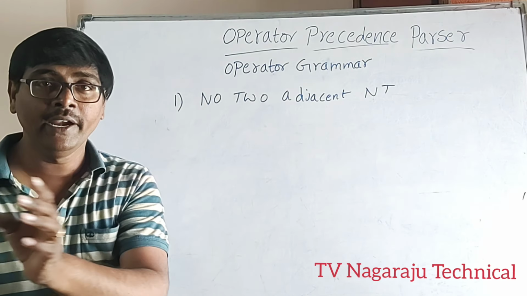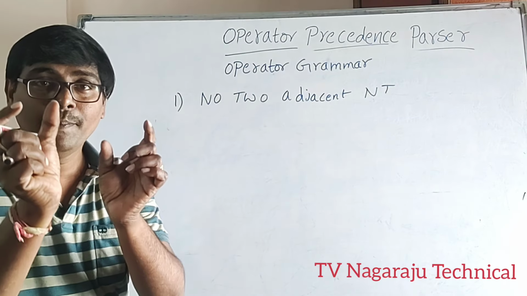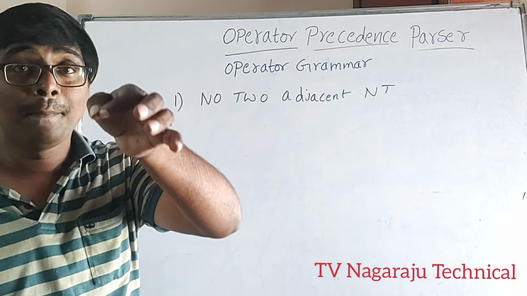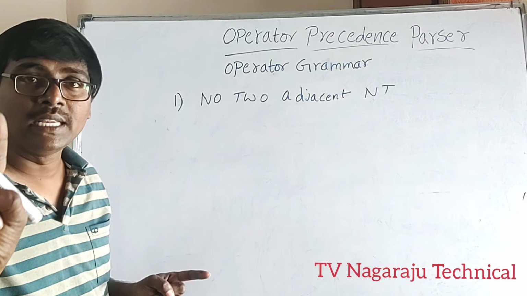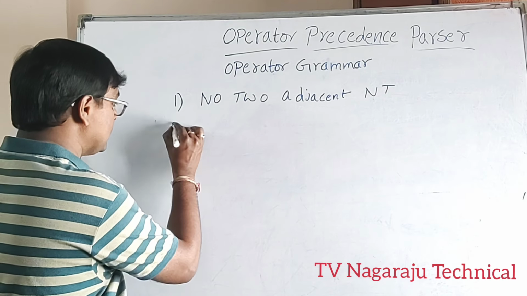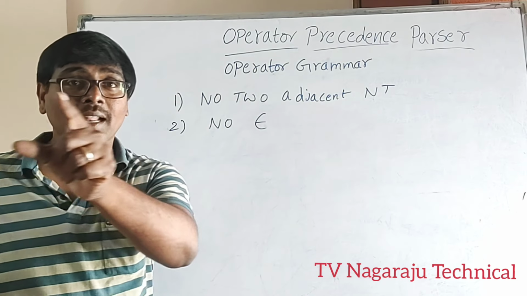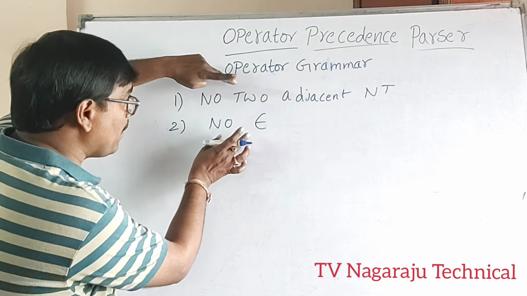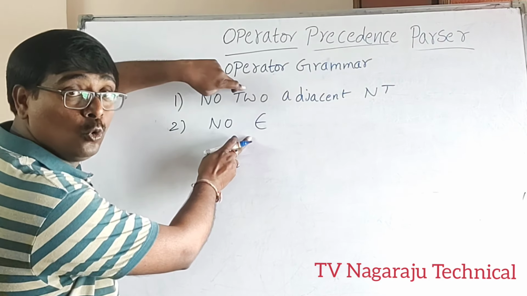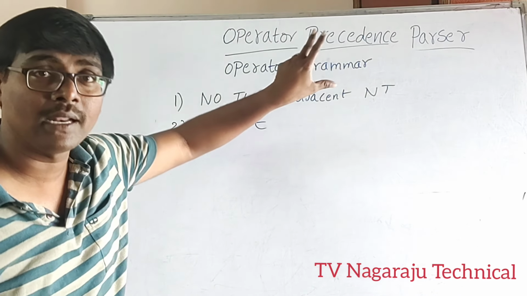In between non-terminals, you compulsorily need one terminal symbol, or only a single non-terminal is sufficient. Second, there is no epsilon on the right side of the production. So remember, any grammar that satisfies these two conditions is called operator grammar.